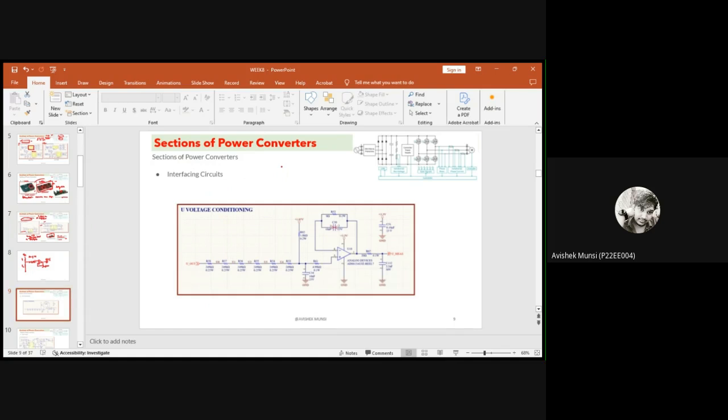You have to design a proper system so that you can send it into the ADC of the microcontroller, because the microcontroller can support only 3.3 volt, and in some cases up to 5 volt. If you send 21 volt into the microcontroller, it will damage your microcontroller. It will not allow negative voltage either. So you need an interfacing circuit.